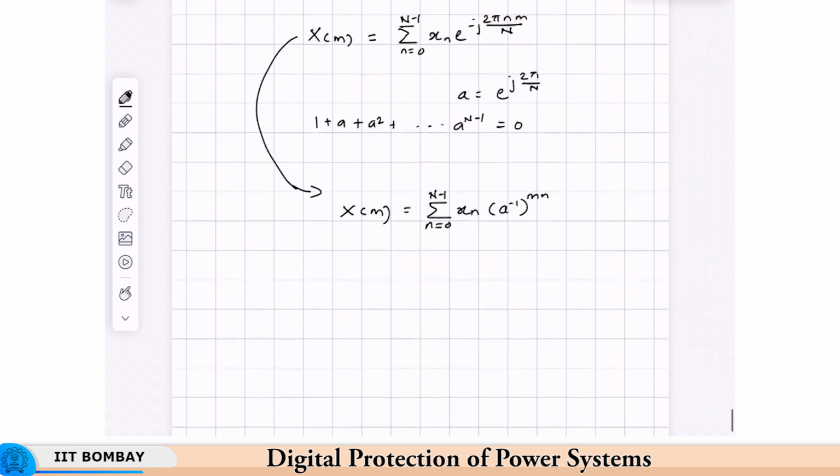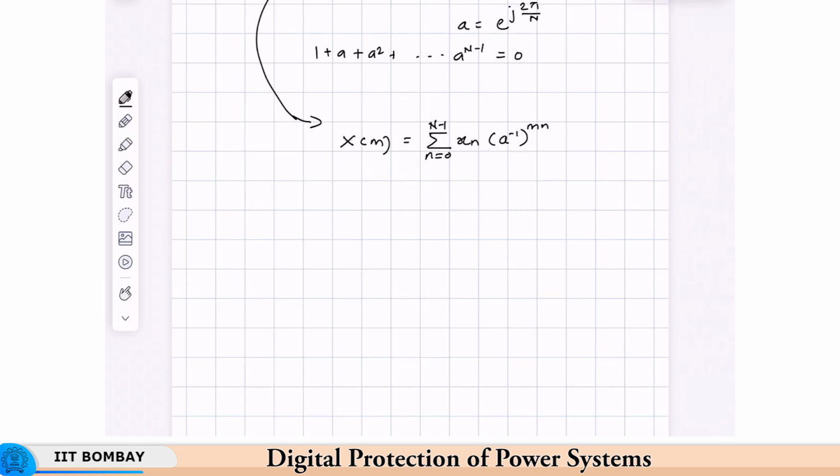So, what does that give us with m equal to 0? It will give us x of 0 is equal to, now here m is equal to 0 and n will vary from 0 to n minus 1. So, since m is equal to 0, all we will get is just a summation of these terms.